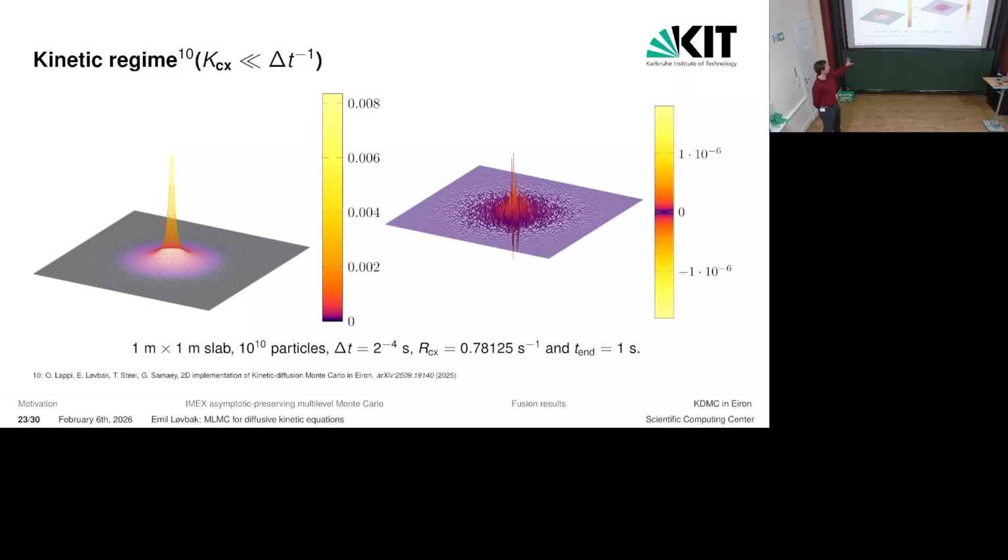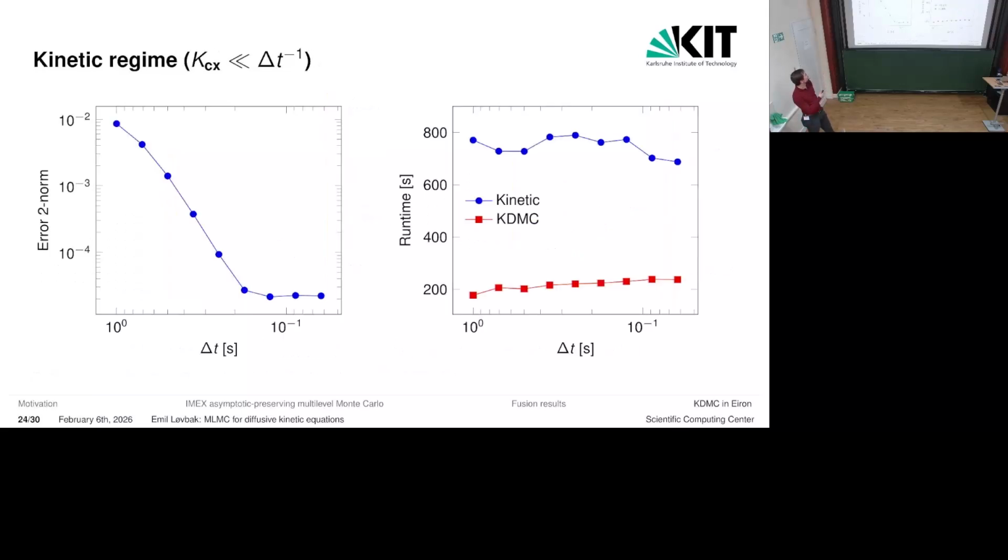So this is the high collisional case relative to the time step. We have convergence here, and this is what I mentioned. This convergence is actually even faster than the predicted rate. The predicted rate should be 1.5 as a function of time step. We believe this is due to symmetry of the problem, so it's actually just a pathologically good case.